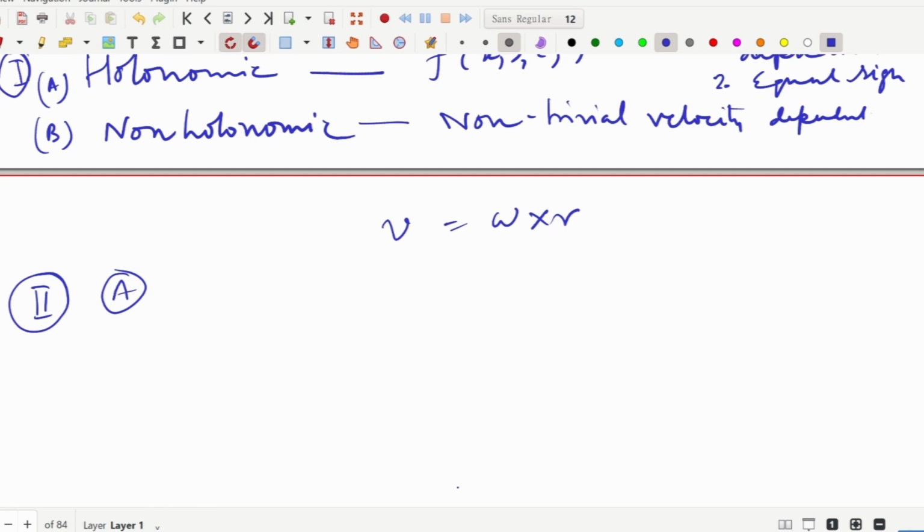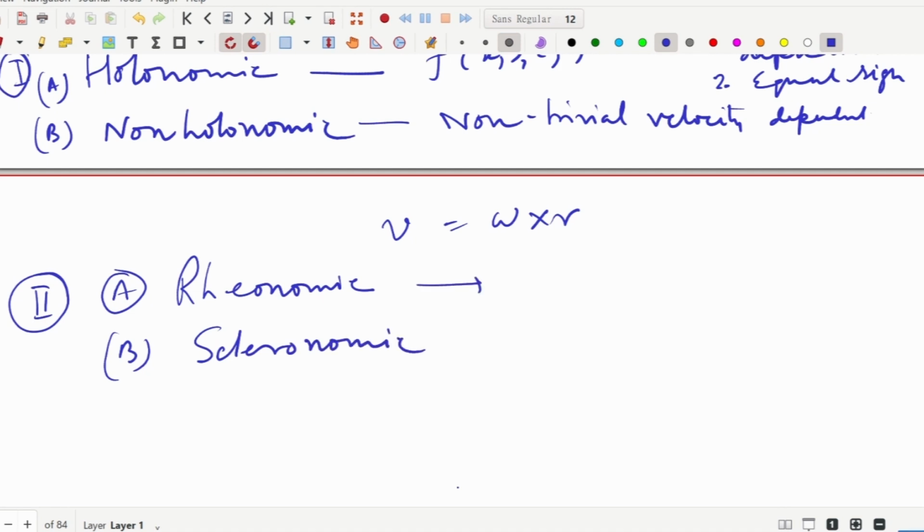Now, again a different type of classification is rheonomic and scleronomic. Rheonomic has explicit time dependence, and scleronomic has no time dependence.